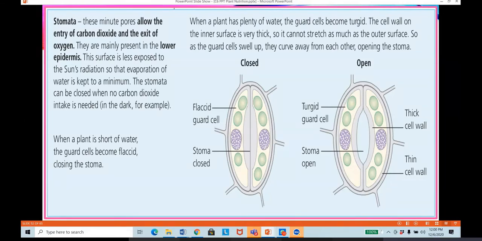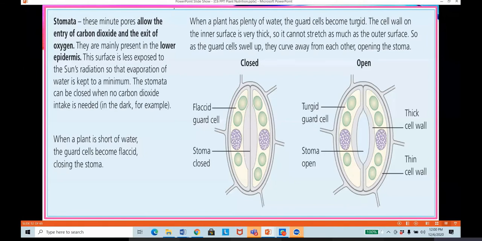Yes. How? Because the plant has plenty of water. Excellent. And how are they when the stomata are closed? They are flaccid. Excellent. So when a plant is short of water, the guard cells become flaccid, closing the stomata. Similarly, when the stomata are open, the guard cells are turgid.